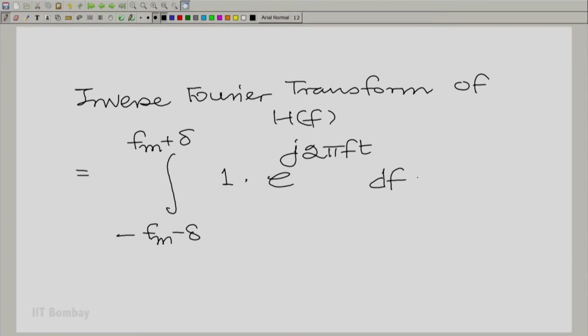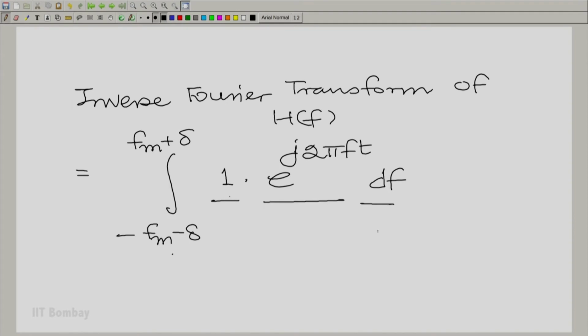All of us are familiar with the expression for the inverse Fourier transform. Essentially multiply the spectrum by e raised to the power j2 pi f t and integrate with respect to f over all regions where the spectrum is non-zero. In this case, the spectrum happens to be 1 between minus Fm minus delta and Fm plus delta.